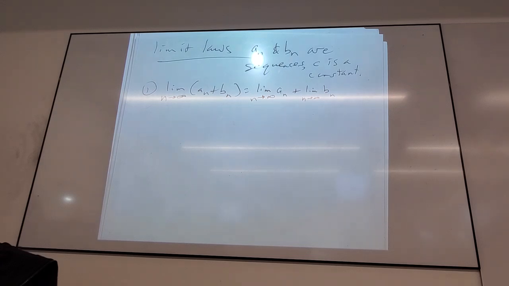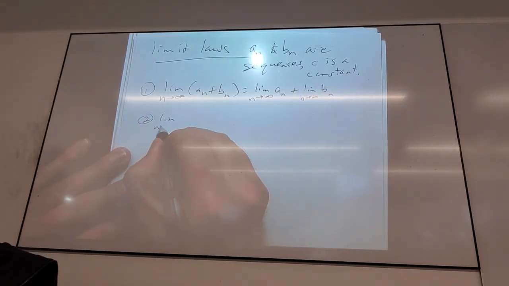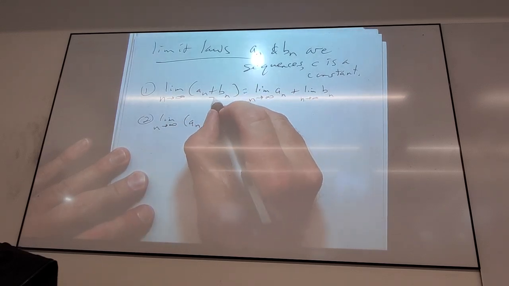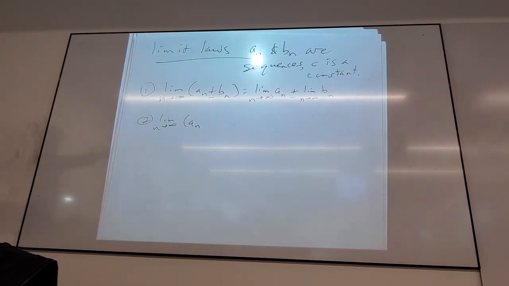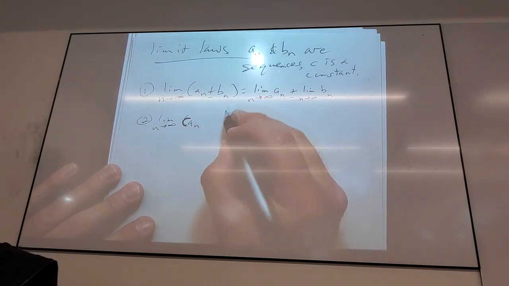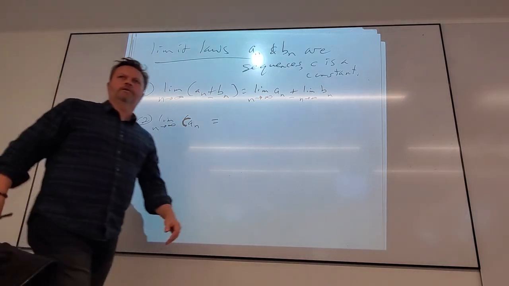Most of these are going to be pretty straightforward. What if I put a minus there? It would just have a minus there, so we're not going to make a separate law for that. What about this then? Make that the c: the limit of c times a_n. What can you do with c? It's a constant.